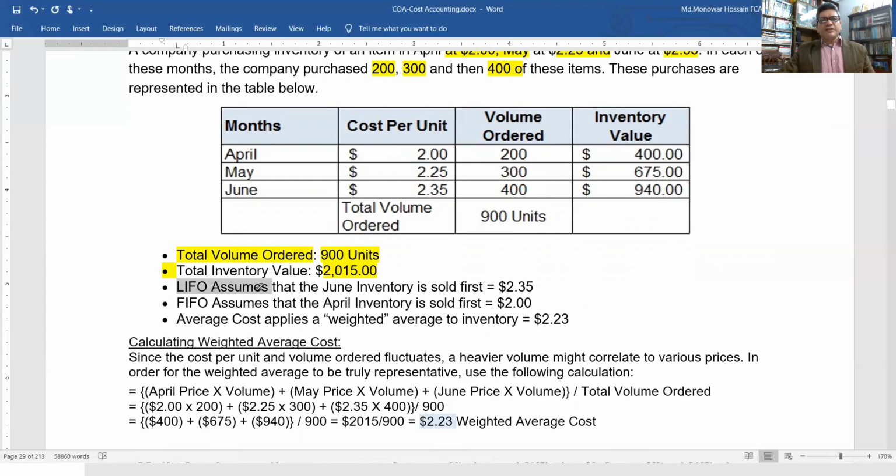If we assume the June inventory is sold first, the rate would be 2.35. And if we assume the April inventory is sold first, then it goes to $2, the first from April.